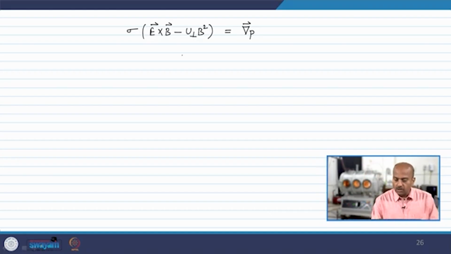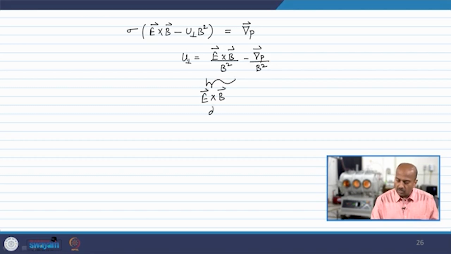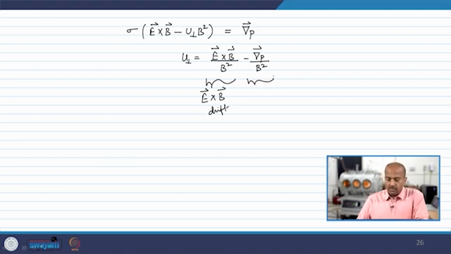Simplifying this, you will get U perpendicular equals E cross B by B square minus del P by B square. So, what is U perpendicular? U perpendicular is the normal component of velocity. Now, one of these terms is the familiar E cross B drift, and this other one has the dimensions of velocity.